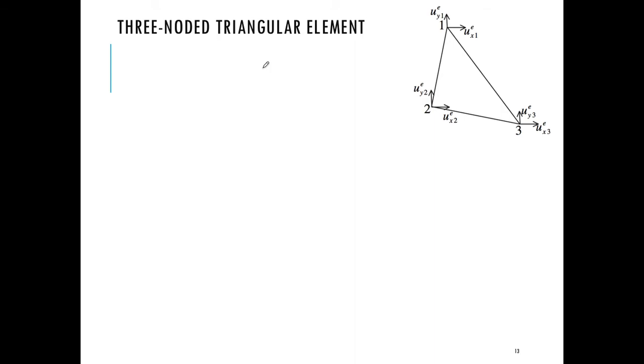Let's look at our 3-noded triangular element as one example of what these A, N and B matrices would look like. Remember, if I have a three-noded triangular element, I have something like this: 1, 2, 3, just random names. For each node, I have 2 degrees of freedom, the x displacement and the y displacement.